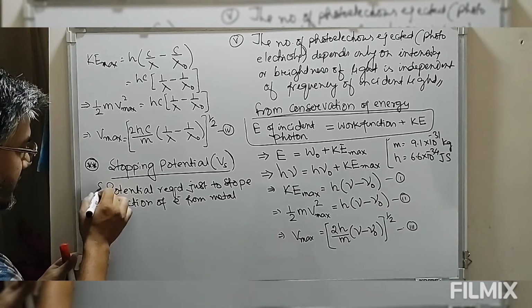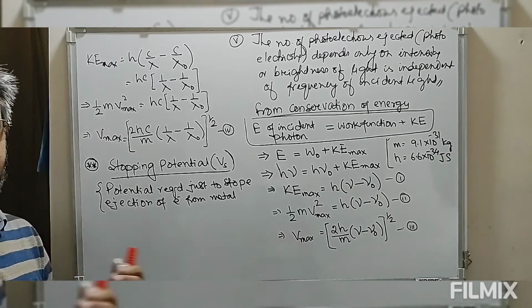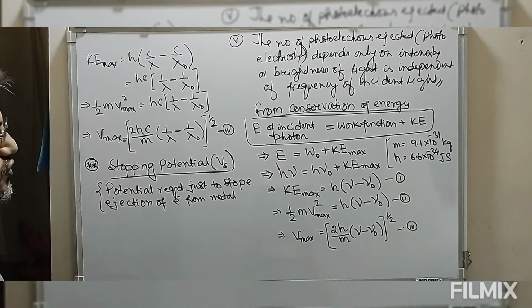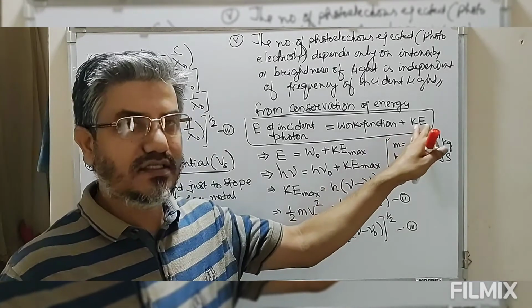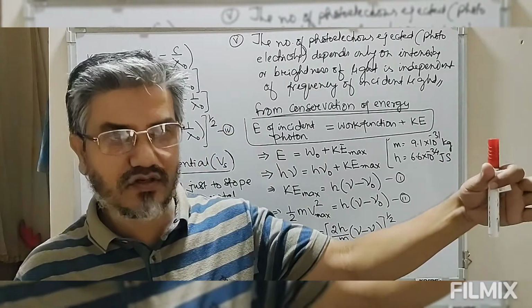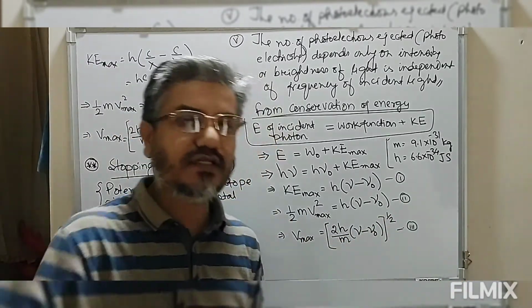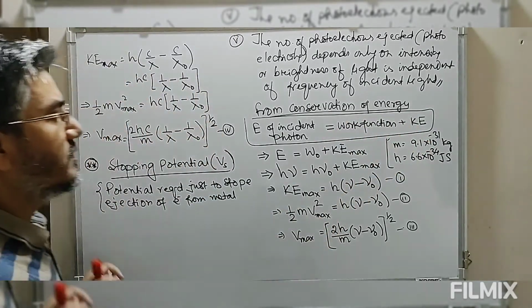So that potential that must be supplied so that no electrons undergo ejection from the surface of the metal is known as the stopping potential. Electrons are ejecting with certain energy. If you supply some potential, there is no ejection of electrons. So the minimum energy supplied must be equal to this kinetic energy.